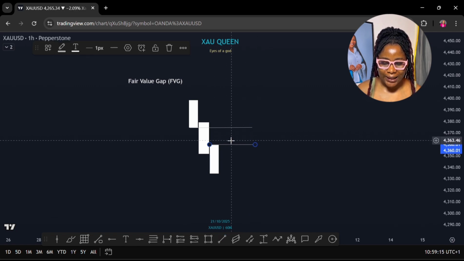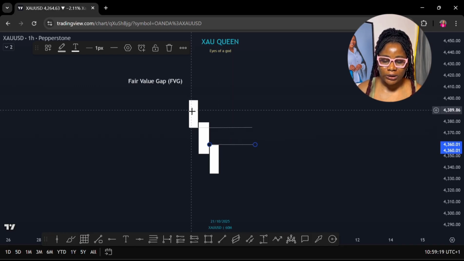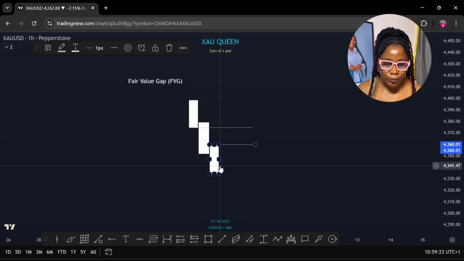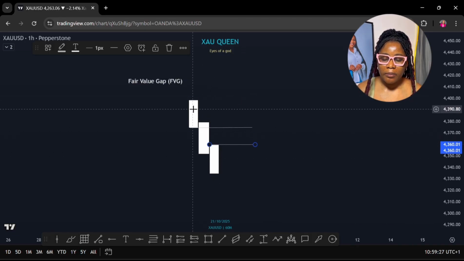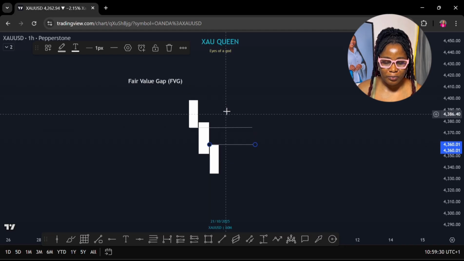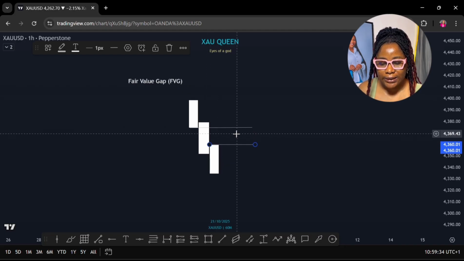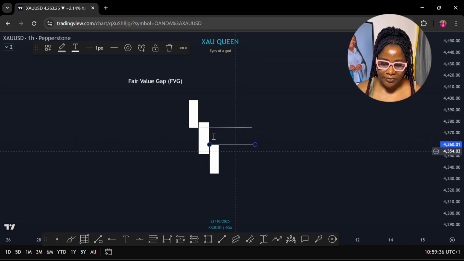So you see this gap here is the inefficient gap that price has left because of the speed it used to sell downward or to sell upward, but in this case to sell downward. Because of how fast price moved, it's left this inefficiency behind, which is fair value gap.